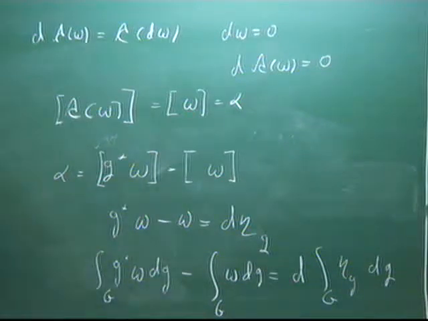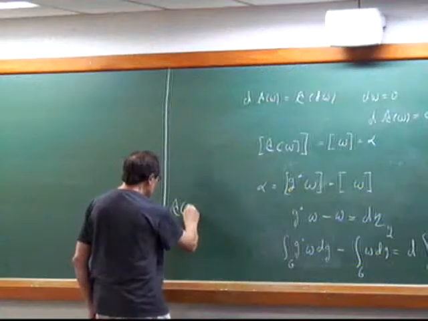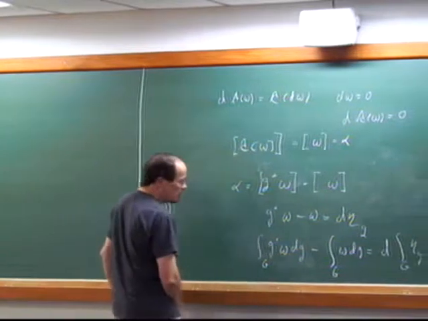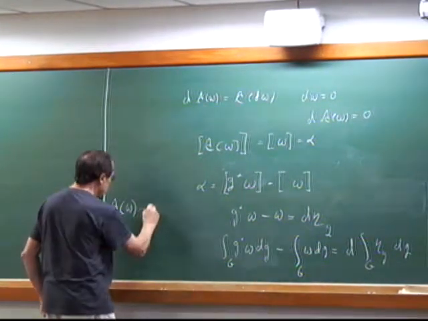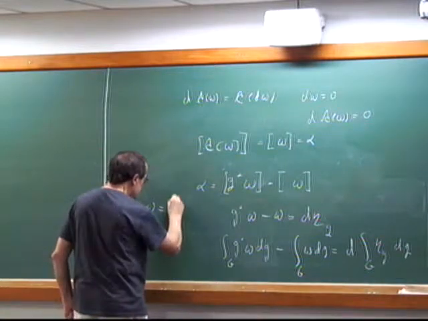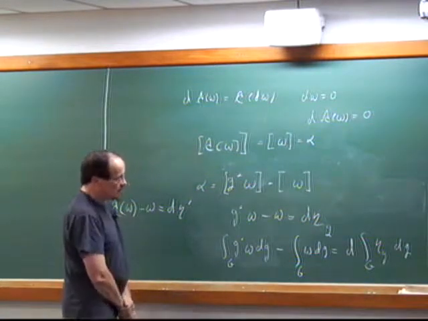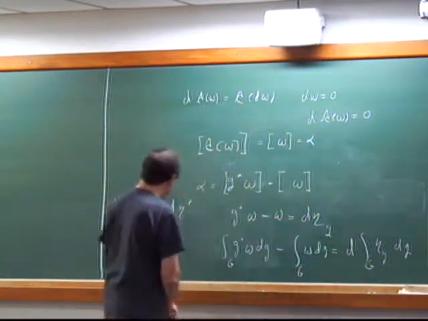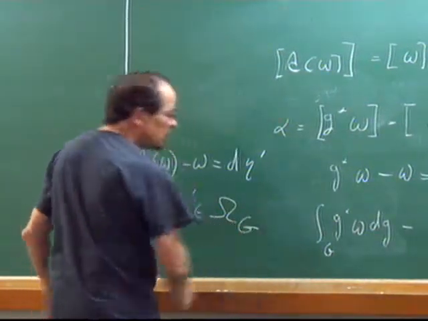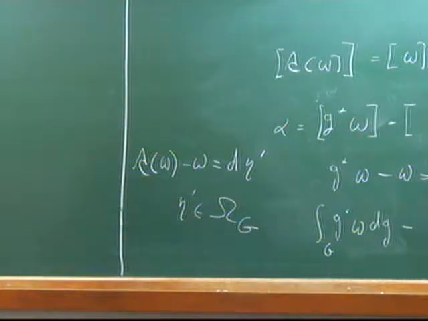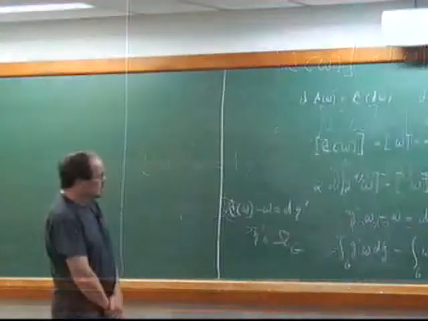So it's precisely the average of omega minus omega. This is independent of g. The volume is 1, so it's omega again. That's d of some eta prime, and in fact eta prime is again G-invariant by construction. So indeed they lie in the same cohomology class.